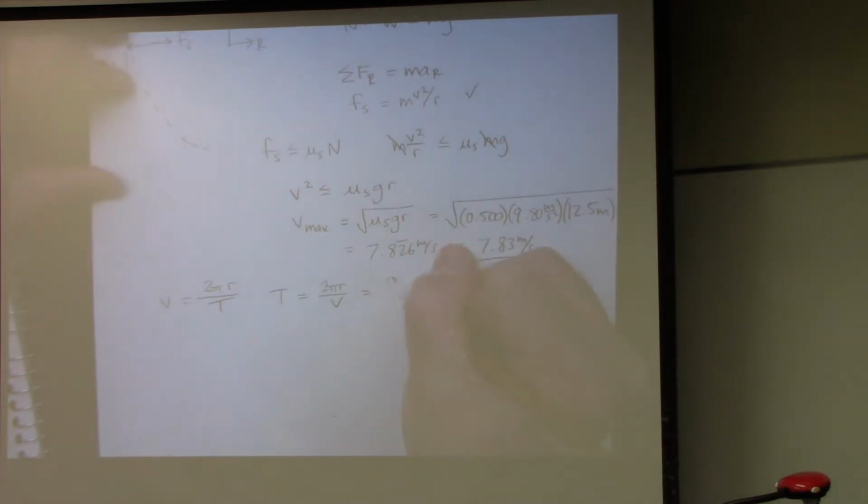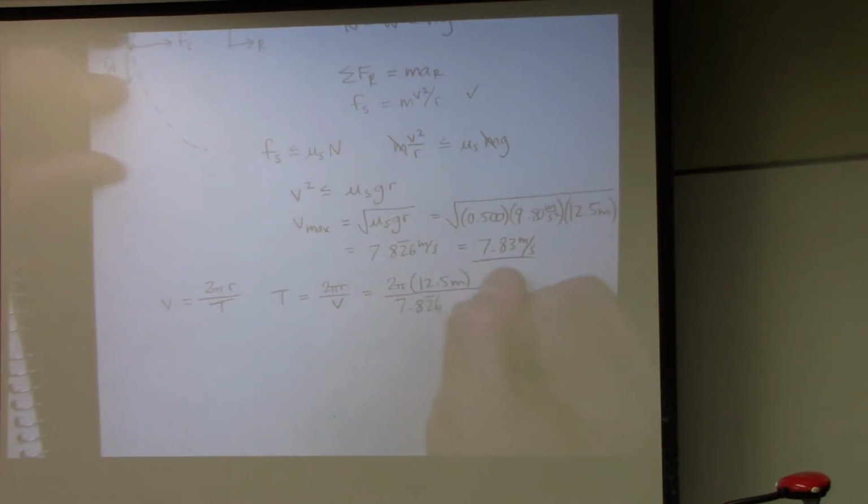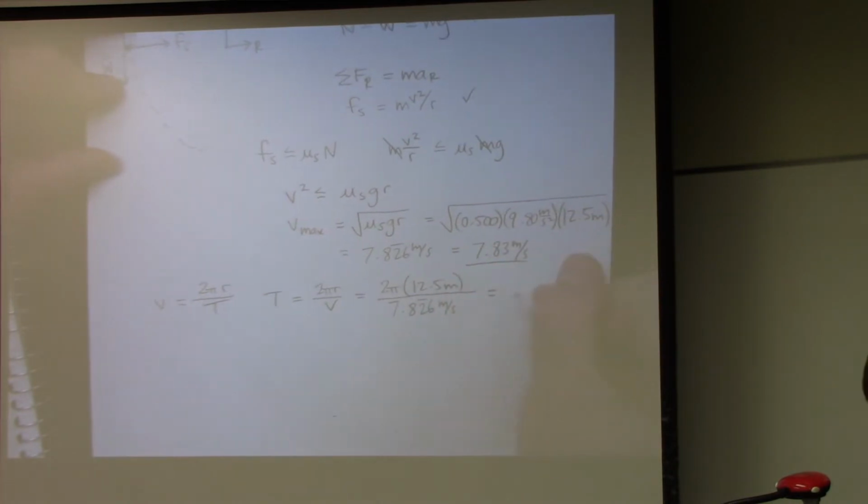So it's going to be 2 pi, radius of 12.5 meters, divided by a speed of 7.826 meters per second. And this gives us 10.04 seconds.